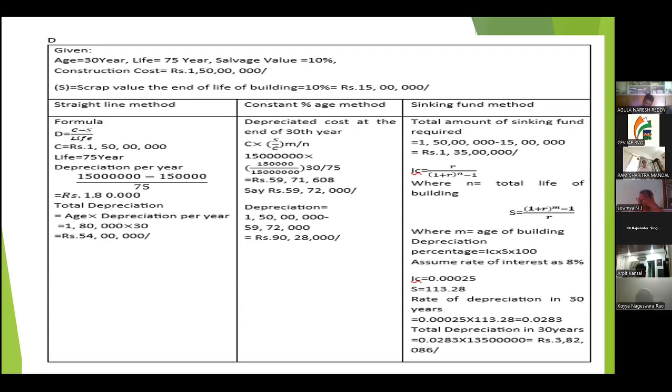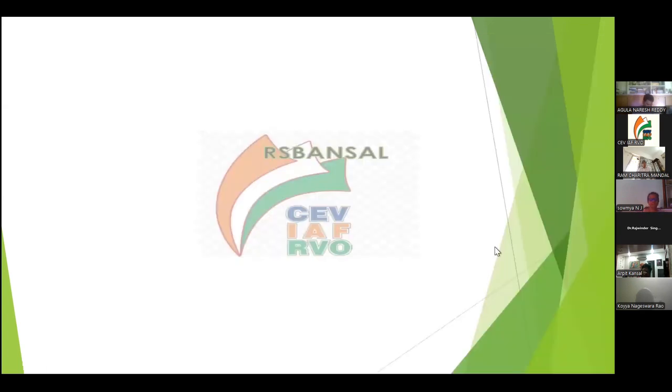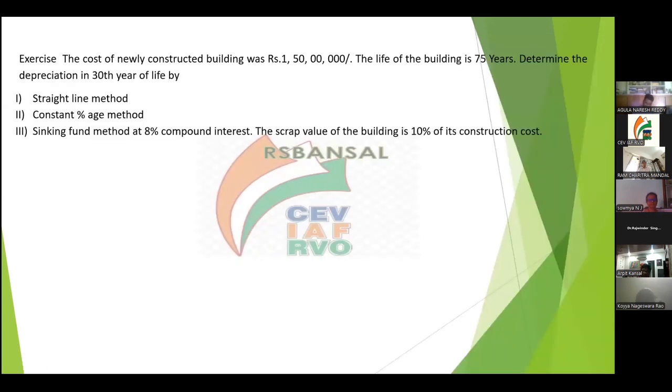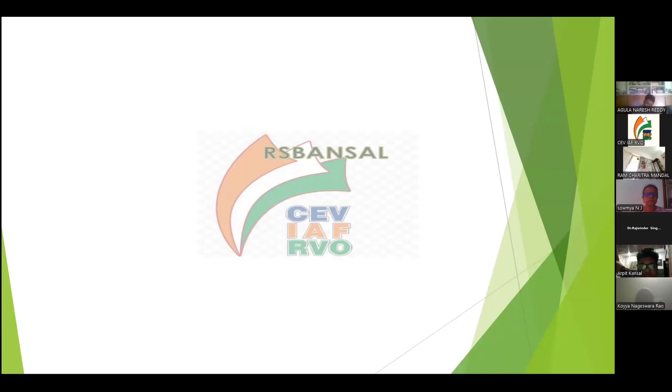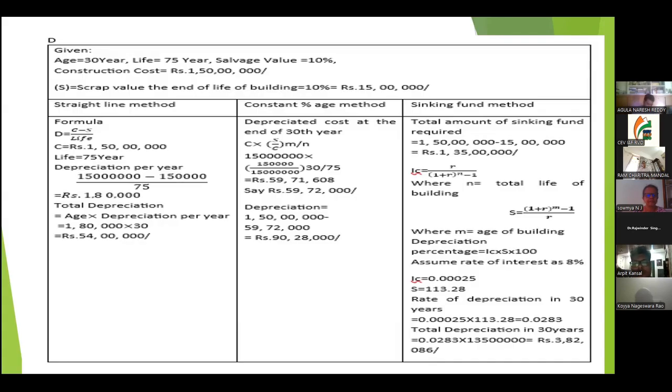डाउट सर, स्मॉल डाउट सर. सर प्रीवियस स्लाइड सर. In this sinking fund method, for IC calculation, first IC calculation R, small r you have taken.